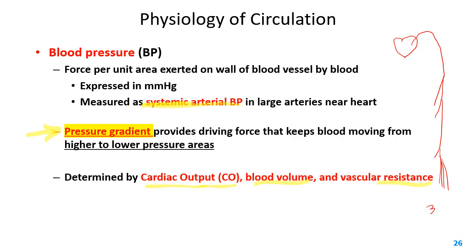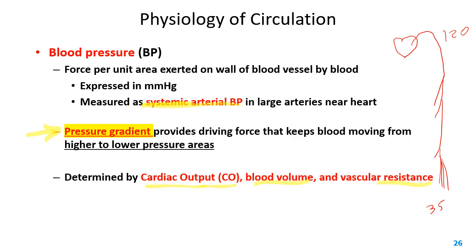35. Who said 35? Okay, you got one. Ready? Okay. Yay! 35 millimeters of mercury. What is your blood pressure right after the aorta, after systole? 120. What is your gradient here?